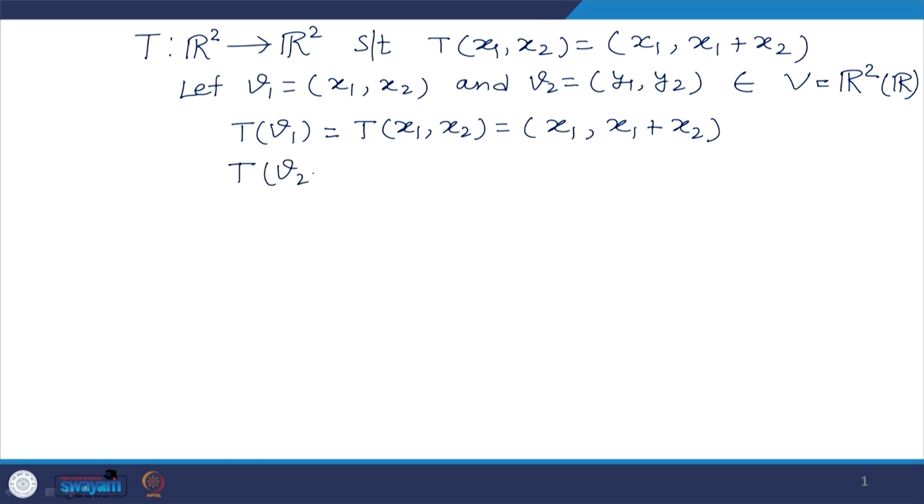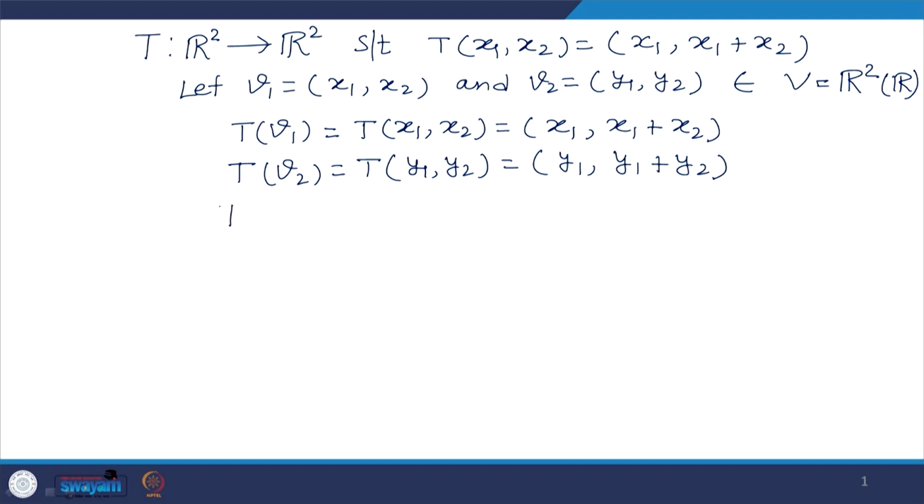Similarly, T of V2 equals T of (y1, y2), which is (y1, y1 plus y2).